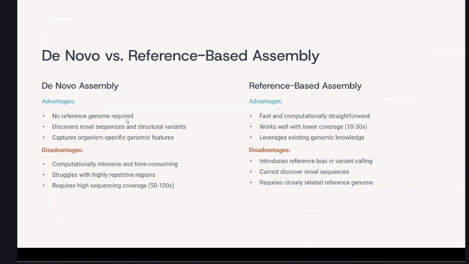Now the disadvantages: it introduces a reference bias, so you tend to find what's already in the reference. You might miss some novel sequences, you also need a closely related reference genome to be available for this approach, and you might miss some structural variants too.